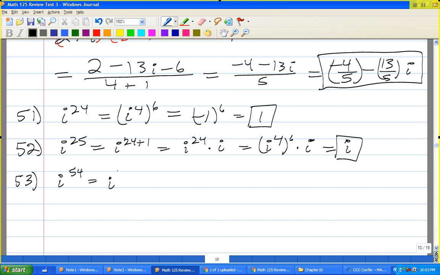And so let's write 54 as 52 plus 2. Yeah, 52 divided by 4 is 13. So that's i to the fourth, to the 13th power, times i squared. And so i to the fourth is 1. To the power of 13 will just be 1. So this is just i squared, but i squared is -1.